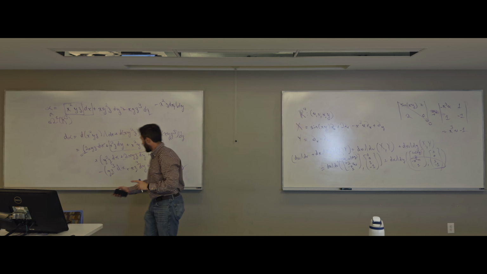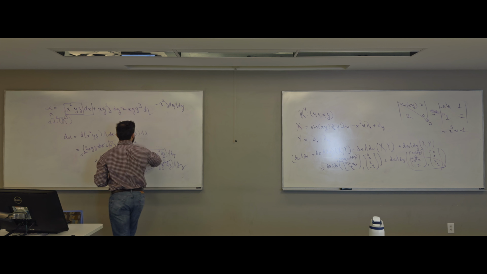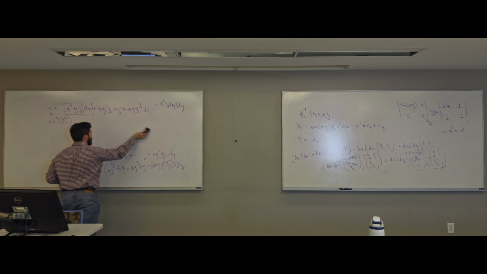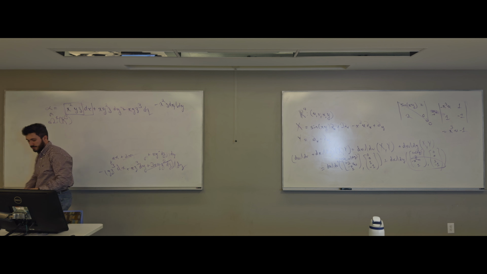I want to do one last little tiny example before I quit. Let me go ahead and pull up my laptop. Which is the integration over R2. You might know when you go to polar coordinates, you get this weird r in there.